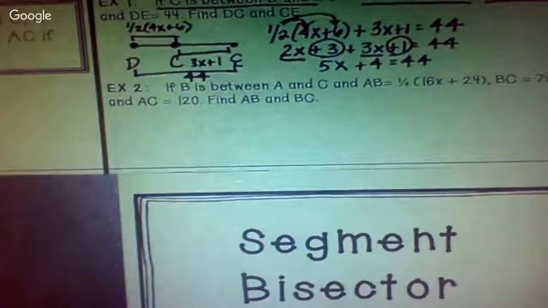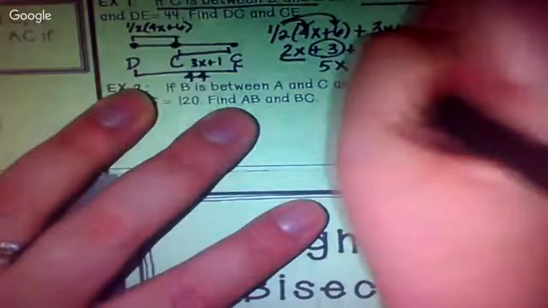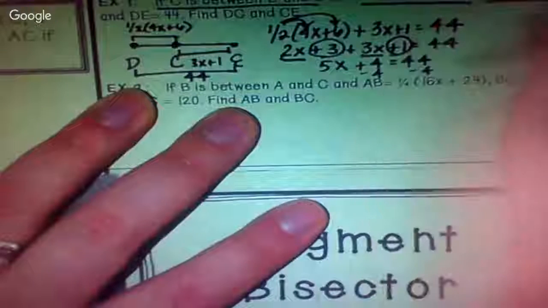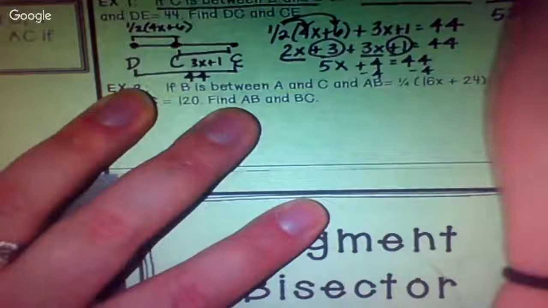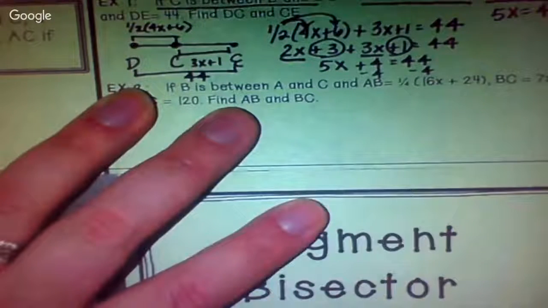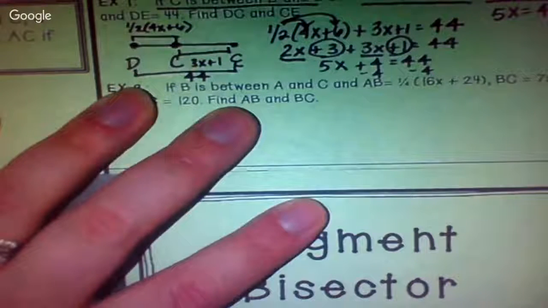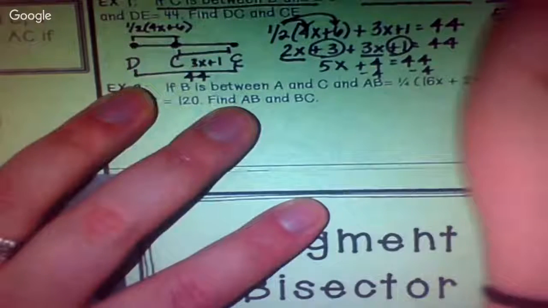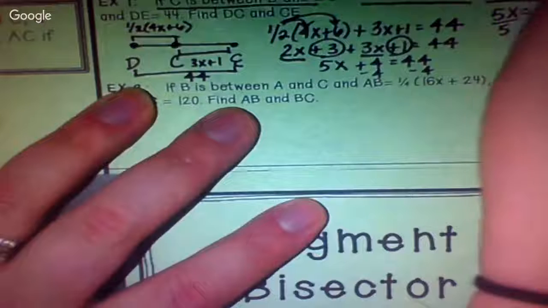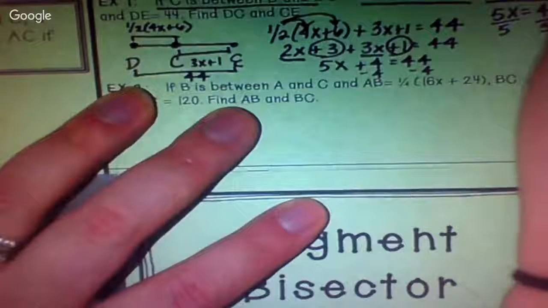What's my next step to get x by itself? Subtract this 4. Get rid of this 4. So we get 5x equals 40. My last step then? Divide by 5. X equals 8.